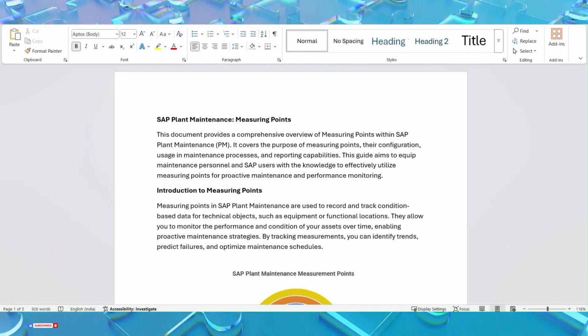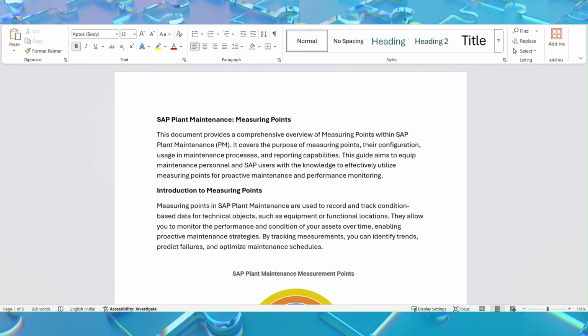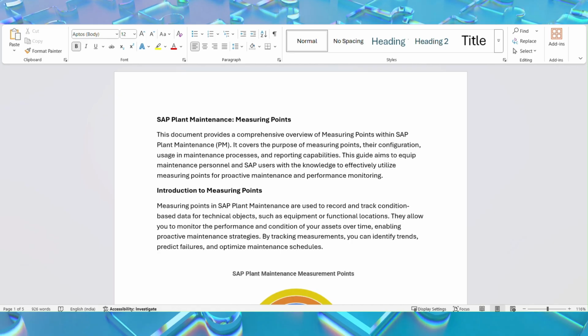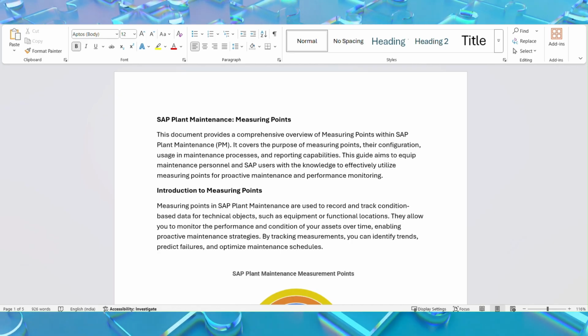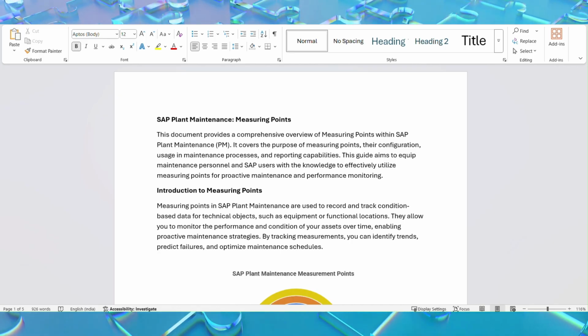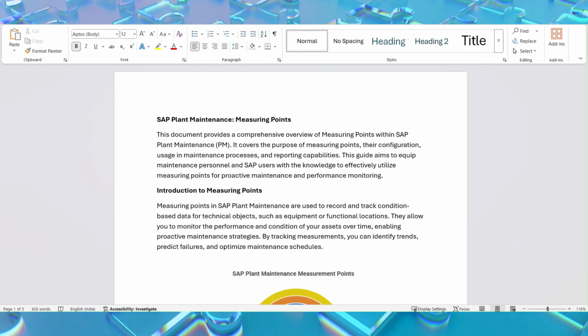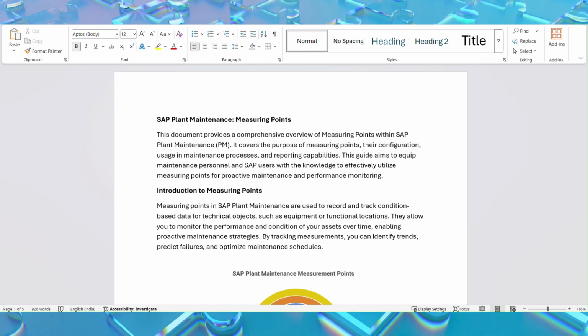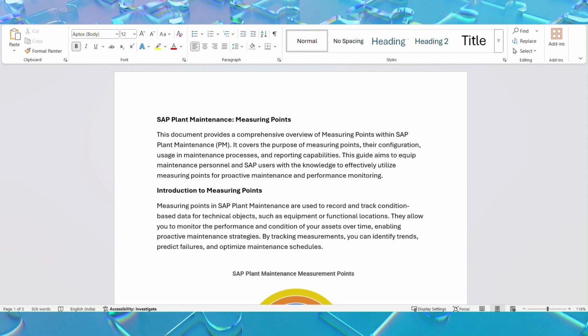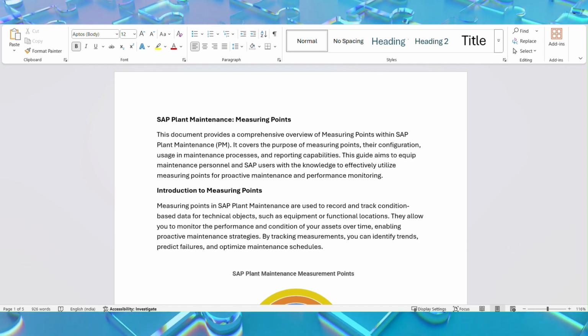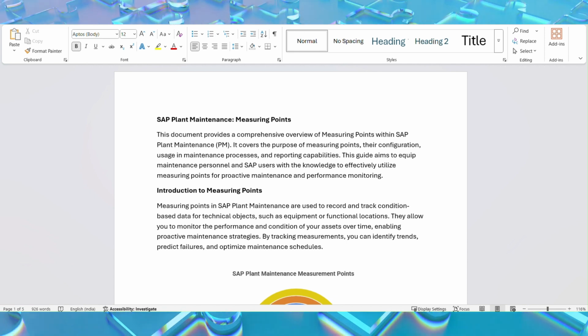So today I will be talking about the master data known as the measuring point, which is one of the crucial master data in SAP plant maintenance because it plays a vital role in recording and tracking the performance and maintaining those equipments based on that performance.